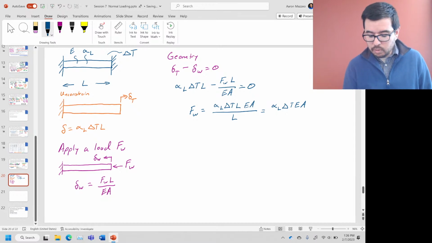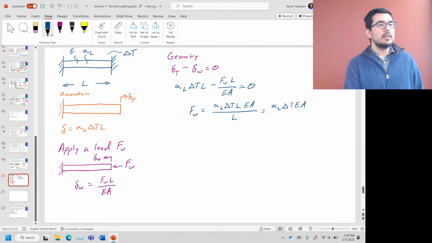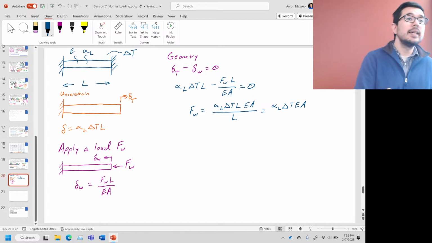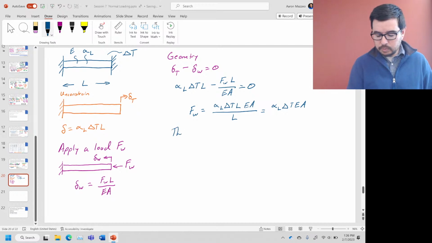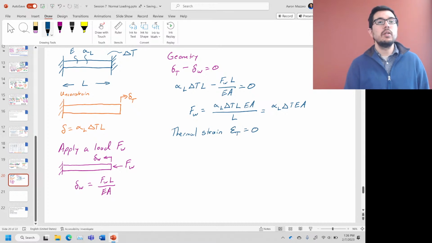So we talked about thermal strain. Now, what's the strain in this system, if it's constrained? The resulting strain is 0. So now we have a situation where the strain is equal to 0. What about the stress?